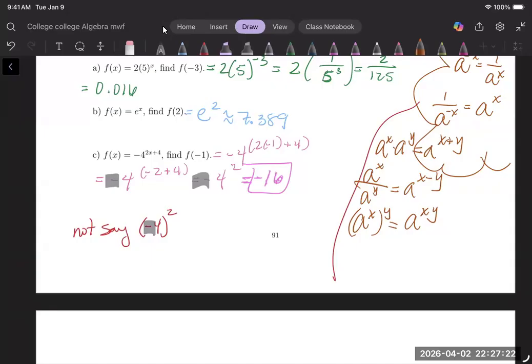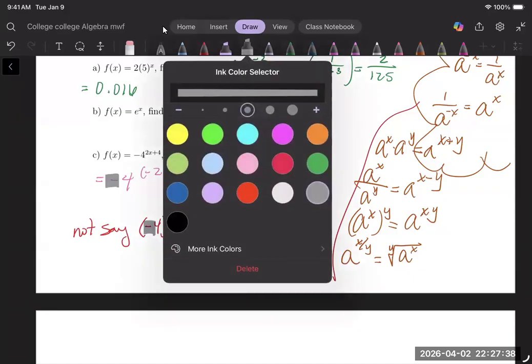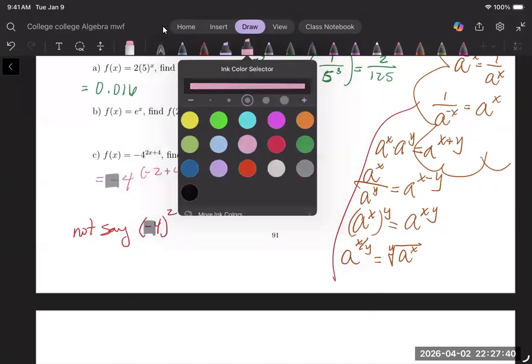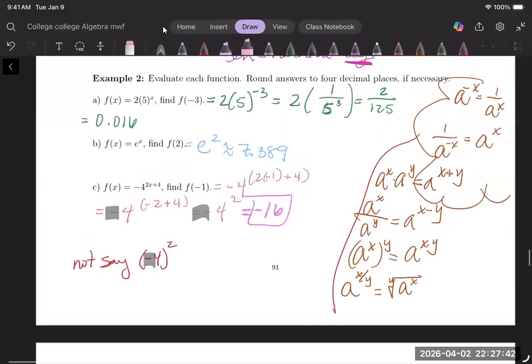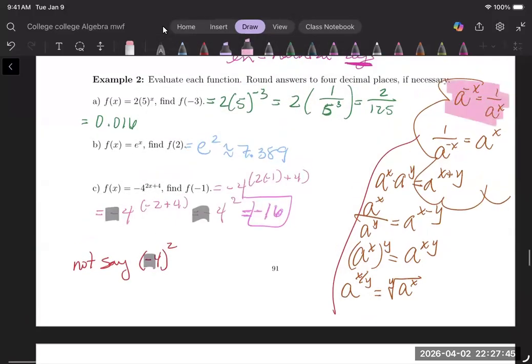Another thing we've talked about, but I want to touch on, remember that if I have a to the x over y as a fraction, that is the y root of a to the x. So this is where things can get tricky. Remember that negative exponents bring in fractions. Fractional exponents bring in roots.